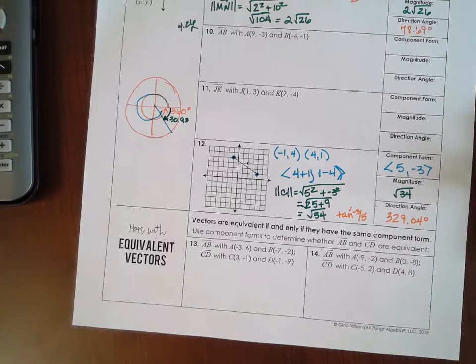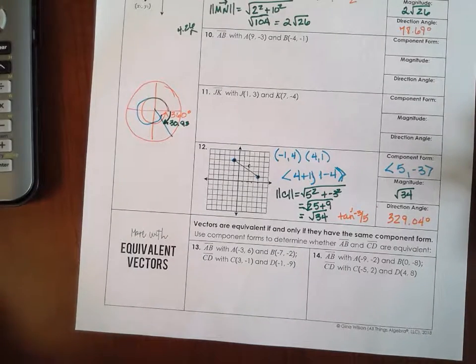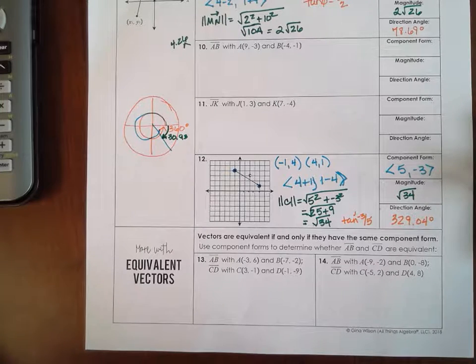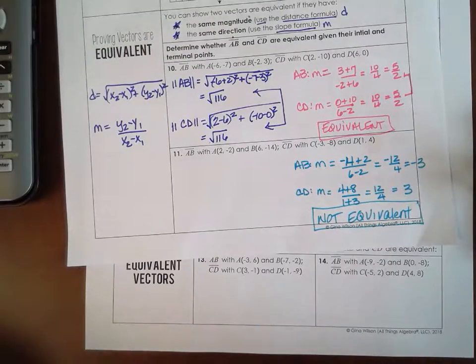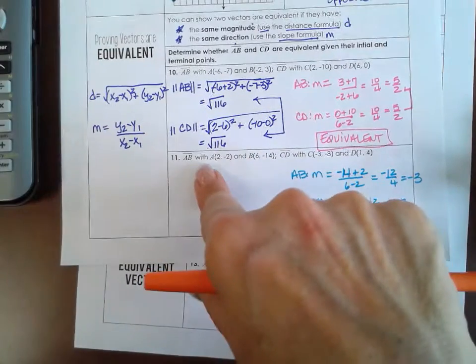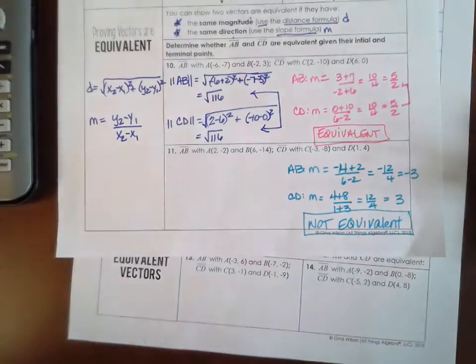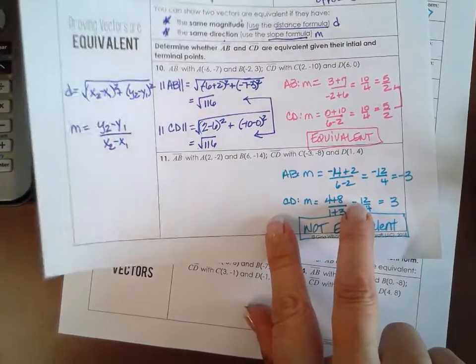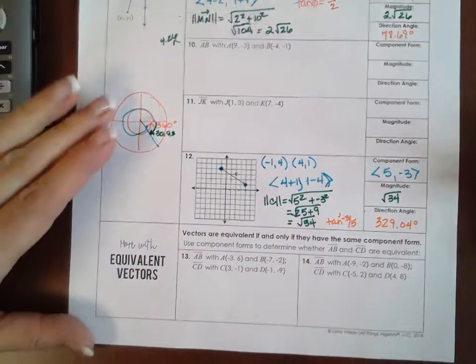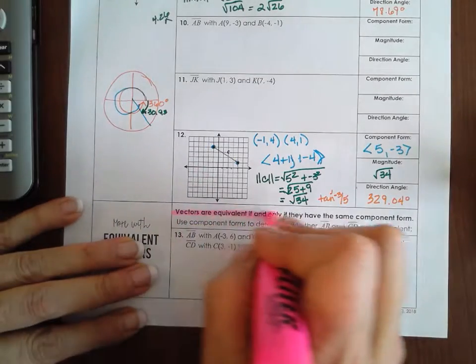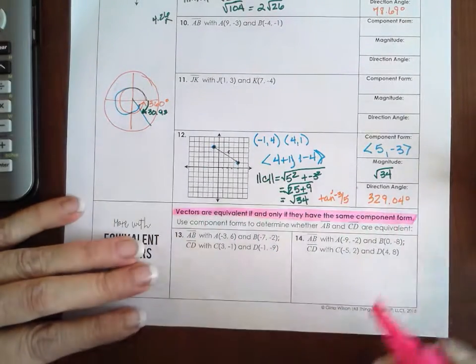Okay? Now, what did we have to do yesterday to prove that vectors were equivalent? Remember, we had to do the distance, and then you had to do slope, so you had to do 4 calculations. Total pain in the butt, right? This is why we love component form, because we have this wonderful rule that vectors are equivalent if they have the same component form.